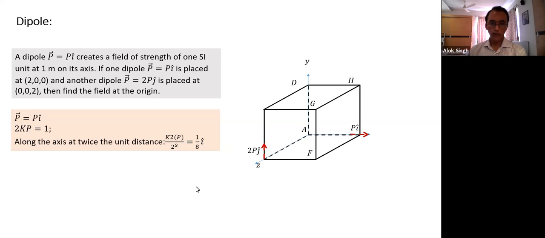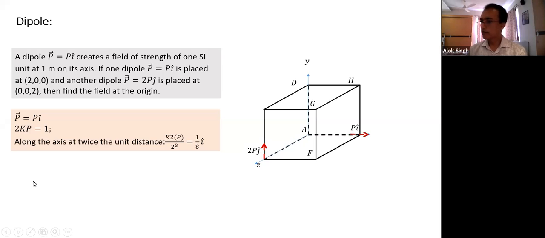So what I'll do now, I'll just lower your hands, and this time, after I explain, tell me how many got it right. Similarly for the second one. The second dipole is placed in the vertically upward direction, along the j cap direction. Where does point A lie? Point A lies on the equatorial axis. So I'll use the formula for the equatorial axis.